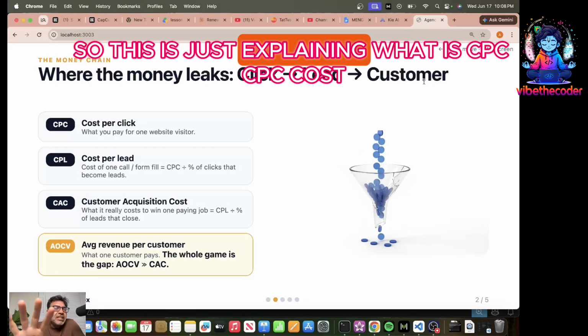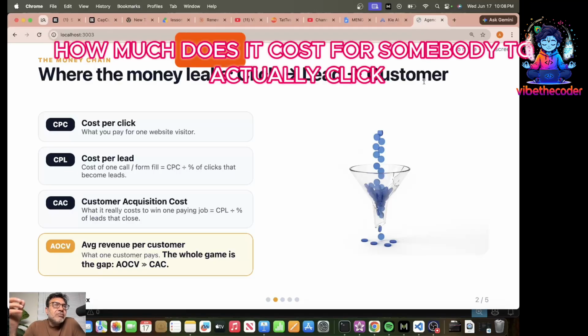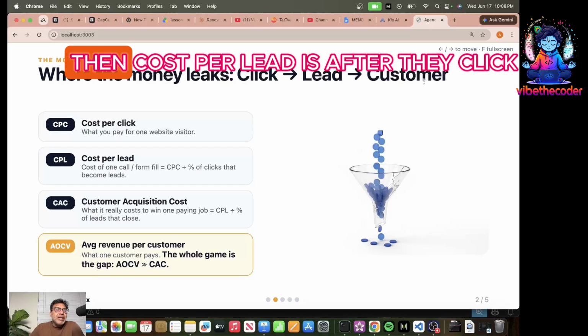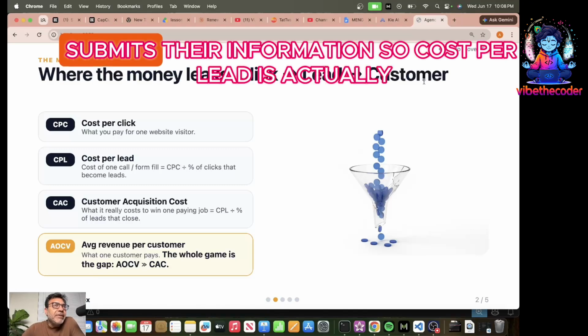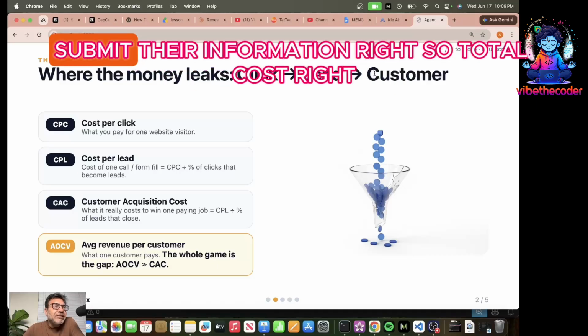So this is just explaining what CPC is. CPC is cost per click. I think most of us understand that: when we show an ad, how much does it cost for somebody to actually click with some interest. Then cost per lead: after they click, not everybody submits their information, so cost per lead is how many of them actually submit their information.